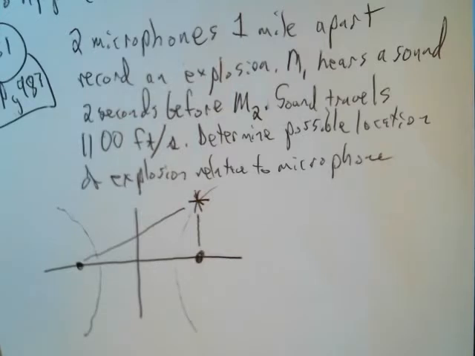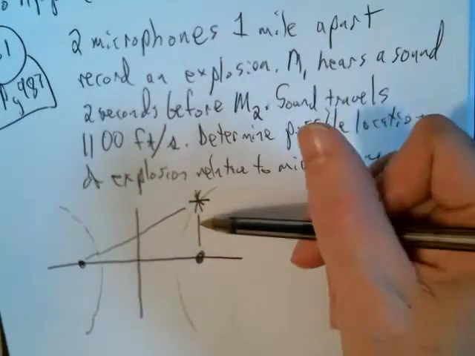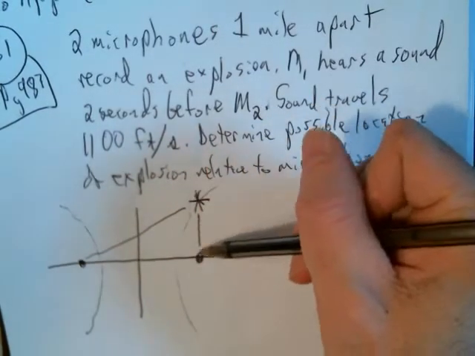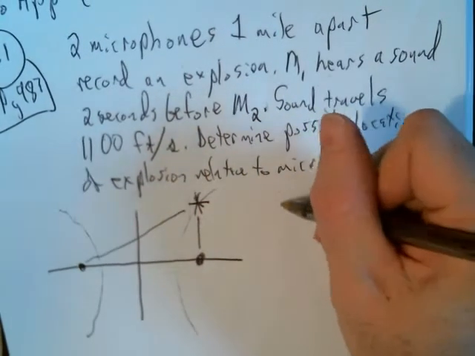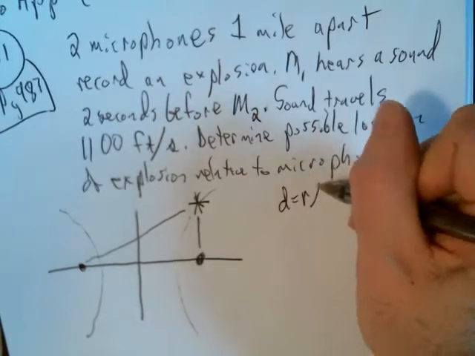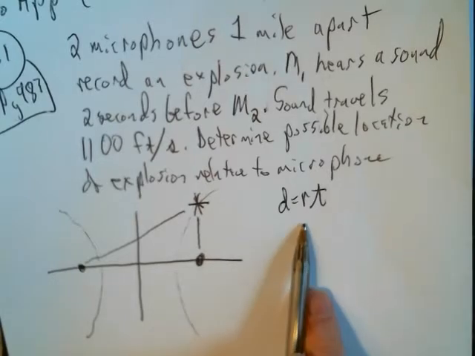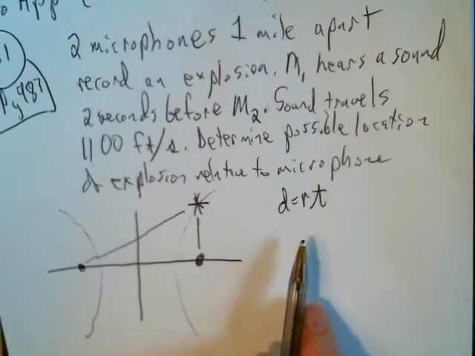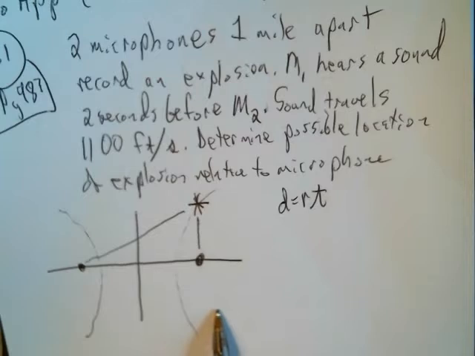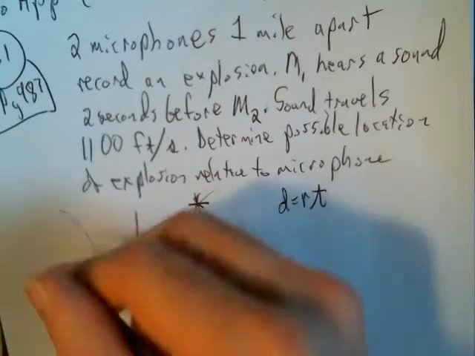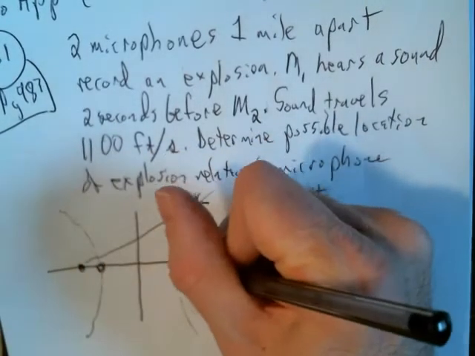So that tells you we can tell the distance of these lines. In particular, remember, distance equals rate times time. So we could figure out how far away the microphones are from this explosion using this simple formula you should know from 0965, right? Okay, so let's get at it and see what happens.